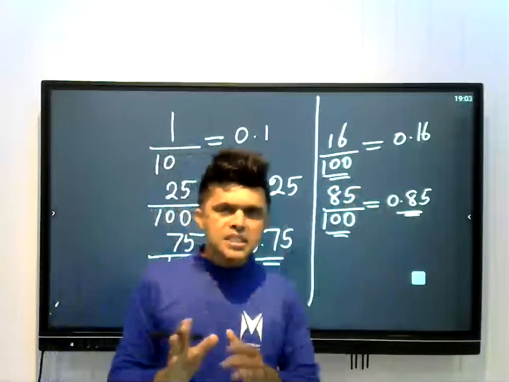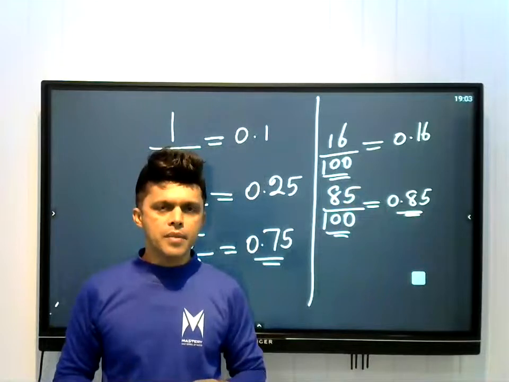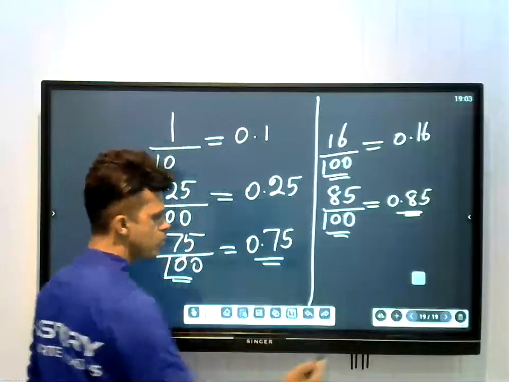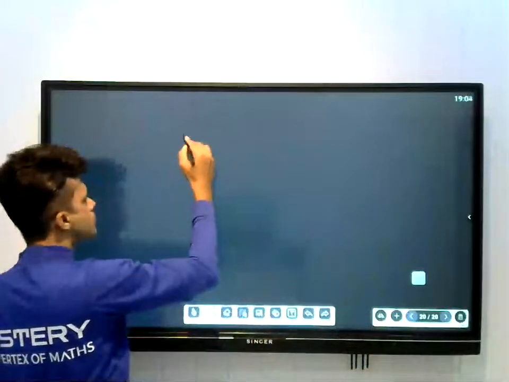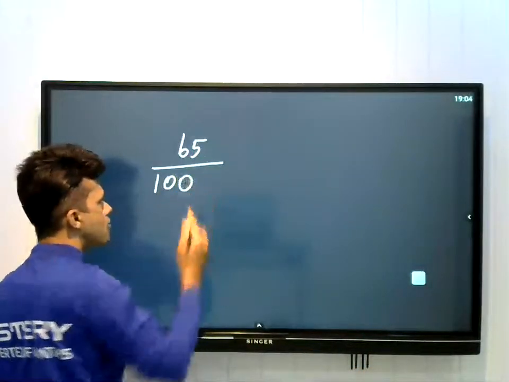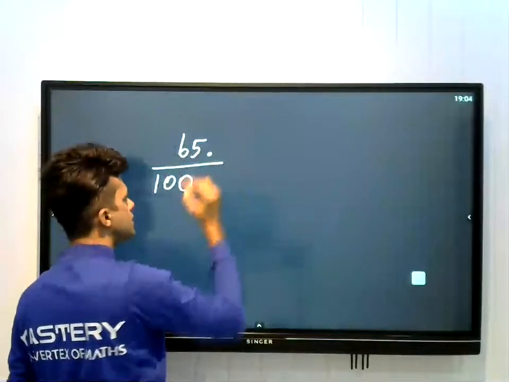So a percentage can be written as a decimal number. I will explain this to you more. 65% means 65 over 100. When it comes to a certain number, the decimal point can be found here, right?